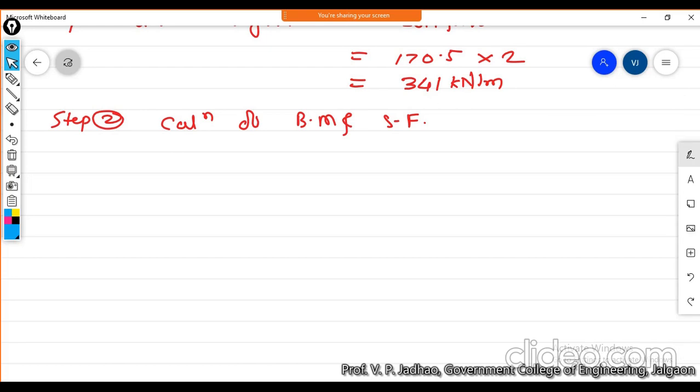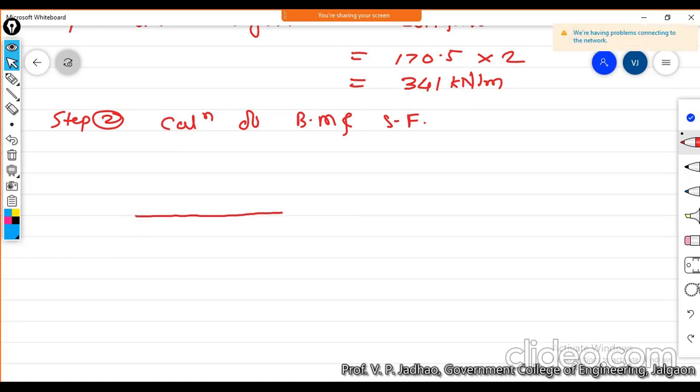While calculating the bending moment and shear force, we are assuming that this particular footing is acting like a beam resting on two different columns. The load from column W1 is 500 kilonewton.